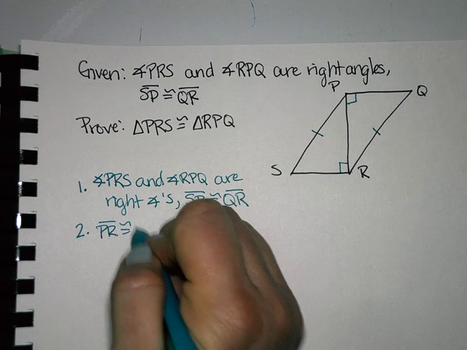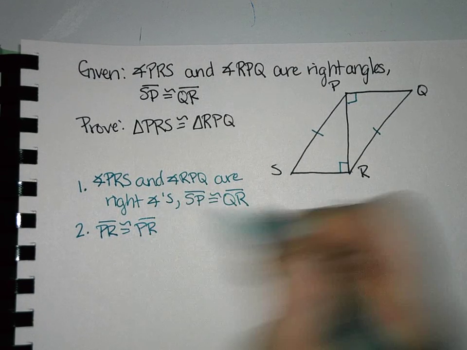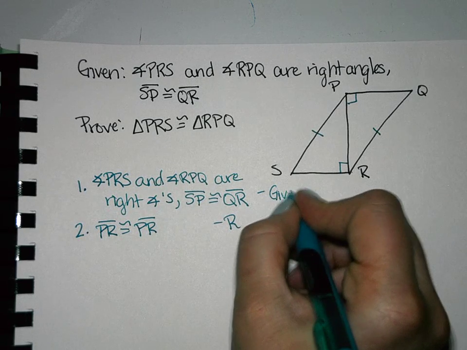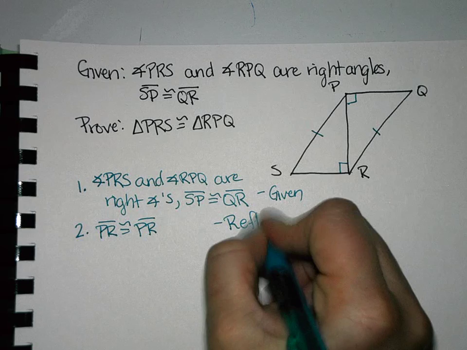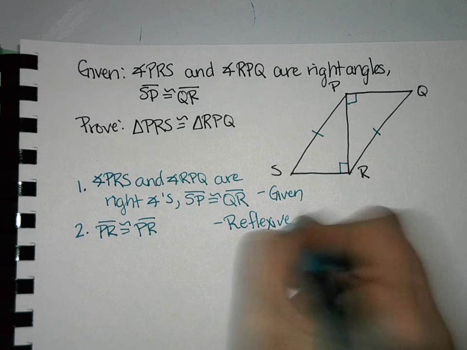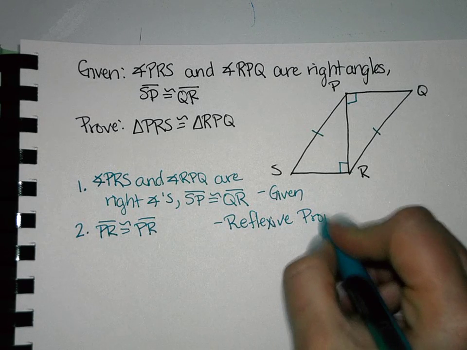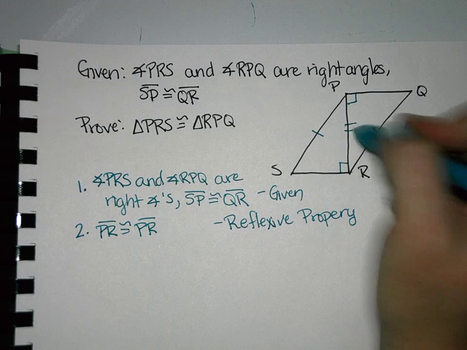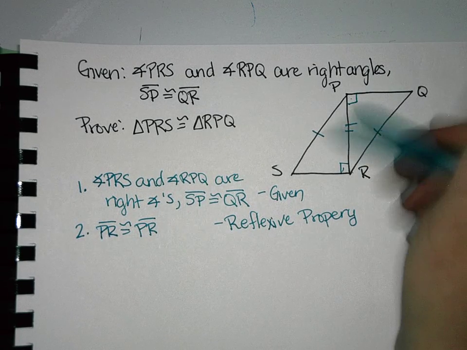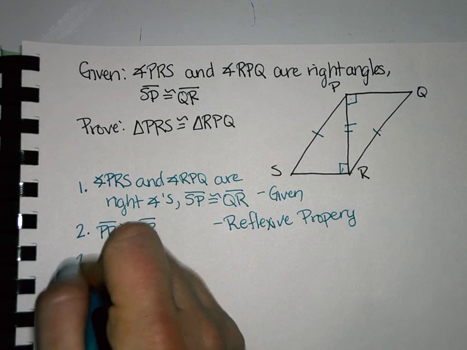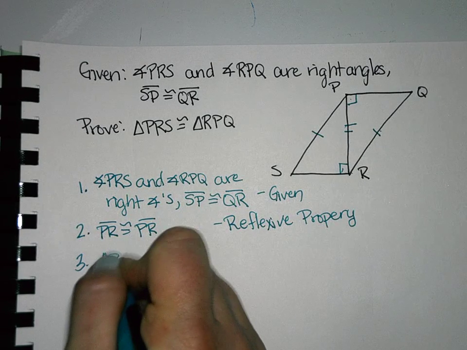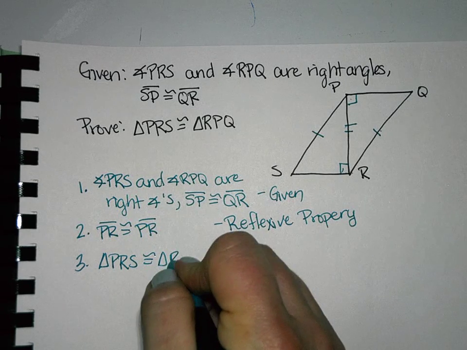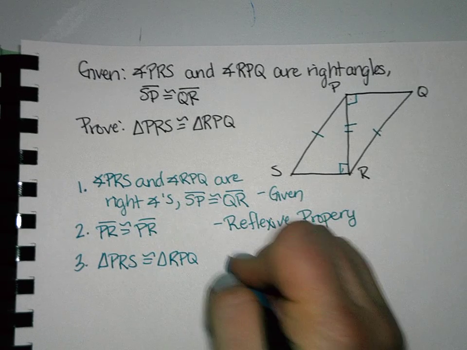PR is congruent to PR because of the reflexive property, and I realize I forgot to write given up here as my reason. So now I have right angles, a hypotenuse, and a leg. So that means I can say triangle PRS is congruent to triangle RPQ by hypotenuse leg.